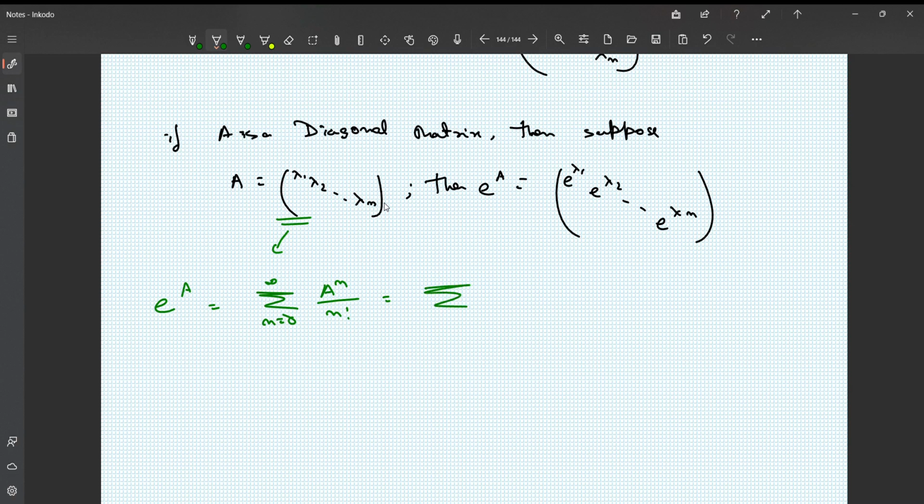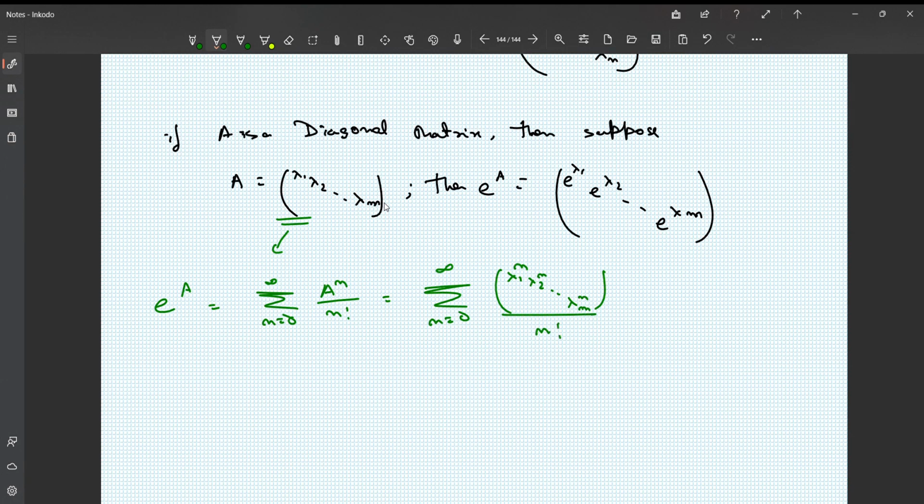So by definition, it becomes lambda 1 to the power n, lambda 2 to the power n, and so on, lambda n here, right? Let me just change the index of the diagonal values. So let this be m. We don't want to mismatch the index. So you have lambda 2 to the power n, and here lambda m to the power n.